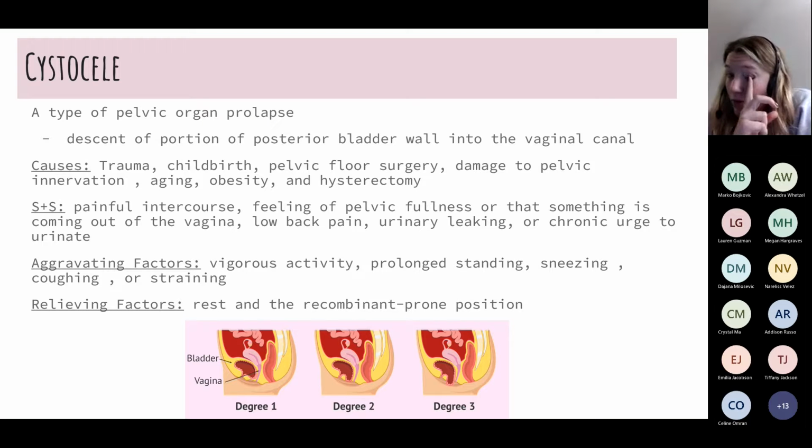And in probably more of our worst cases of this, you will actually see it protruding out, and it can be very, very painful. Usually our pain and incontinence is aggravated by sneezing, coughing, straining, etc. What helps with these patients, though, is really rest and putting them in a nice recumbent prone position.